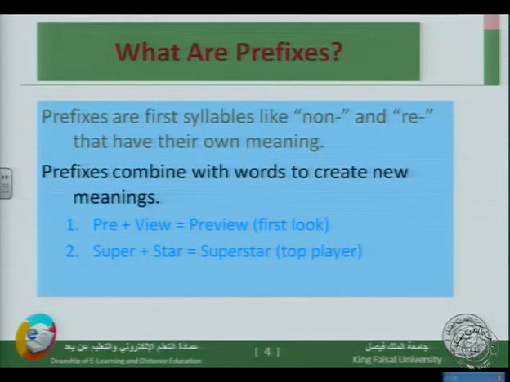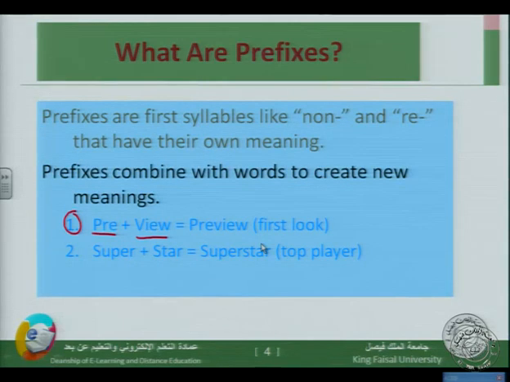What are prefixes? Prefixes are first syllables like non and re that have their own meaning. When you combine prefixes with words, you're actually creating new meanings. If you look, for example, at the first example right here, preview.